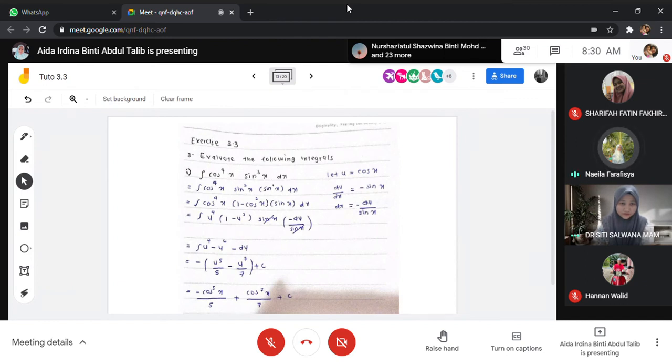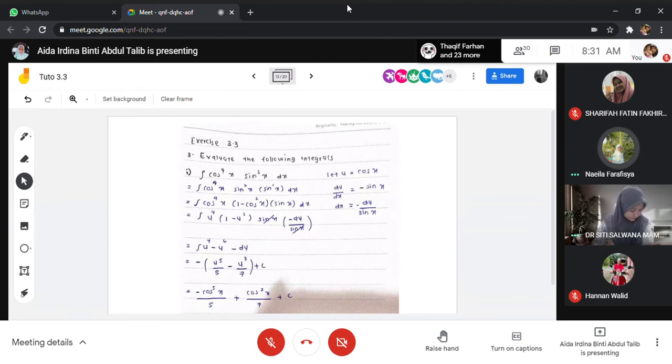Saya doktor. Okay. So first of all yang sin cube x tu saya pecahkan jadi sin 2x sin x. Lepas tu saya tukar sin 2x tu jadi 1 tolak cos x kuasa 2.